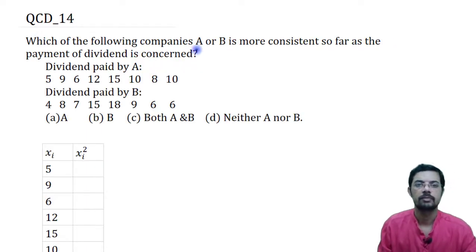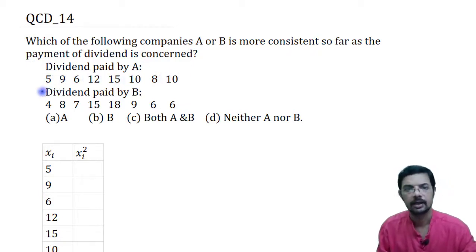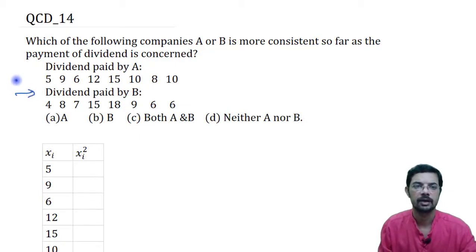Which of the following companies, A or B, is more consistent so far as the payment of dividend is concerned? Say the dividend paid by company A is given as 5, 9, 6, 12, 15, 10, 8 and 10. Same way, the dividend paid by another company B is 4, 8, 7, 15, 18, 9, 6 and 6.